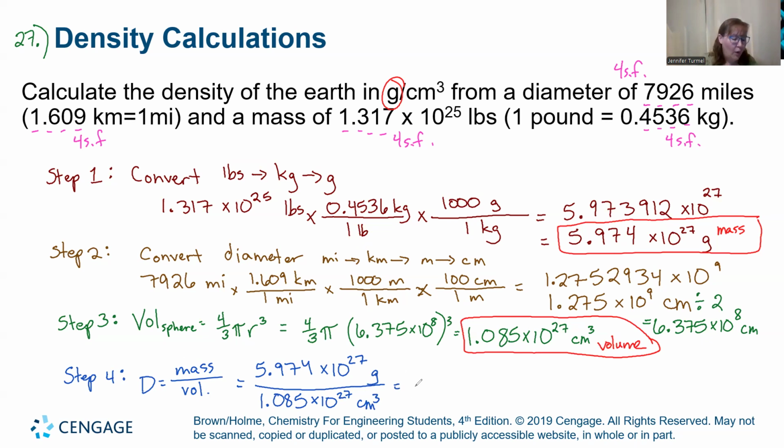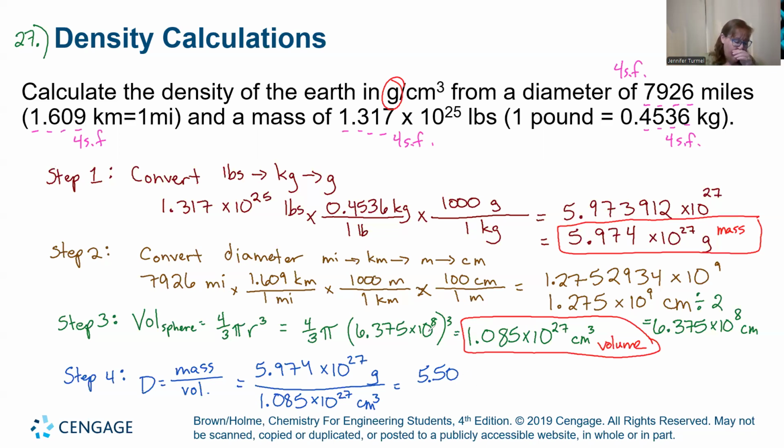Okay. Now, when we work through this, you will get a value that is, oh, I'm getting ahead of myself.